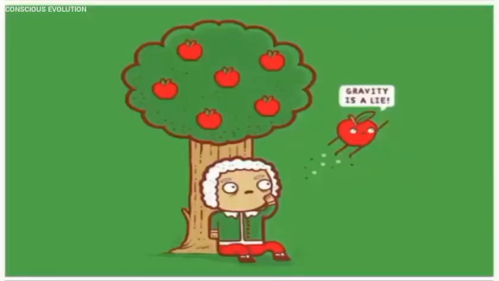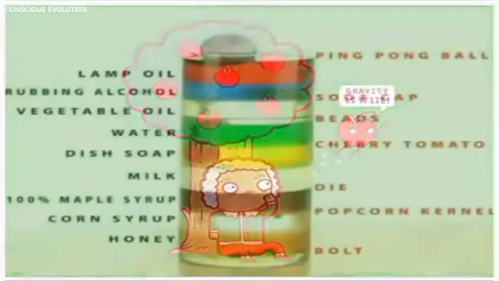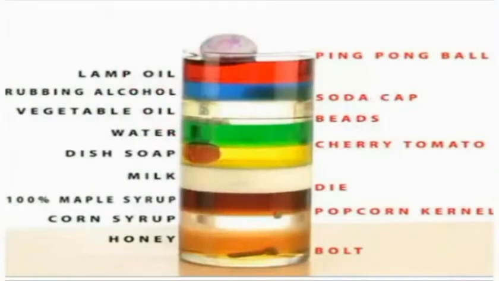Long before the theory of gravity was a glimmer in Newton's imagination, the natural physics of density and buoyancy already perfectly explained why apples fall down. Quite simply, objects fall or rise based on their relative density to the medium surrounding them.